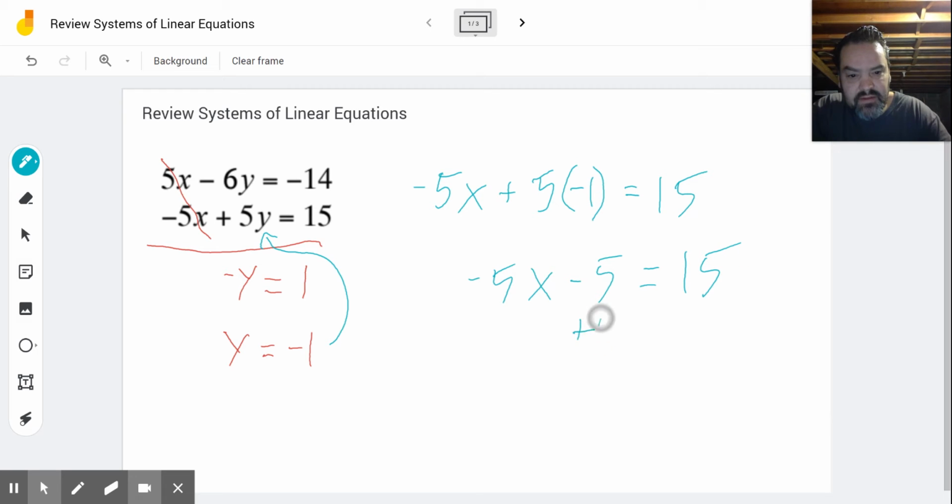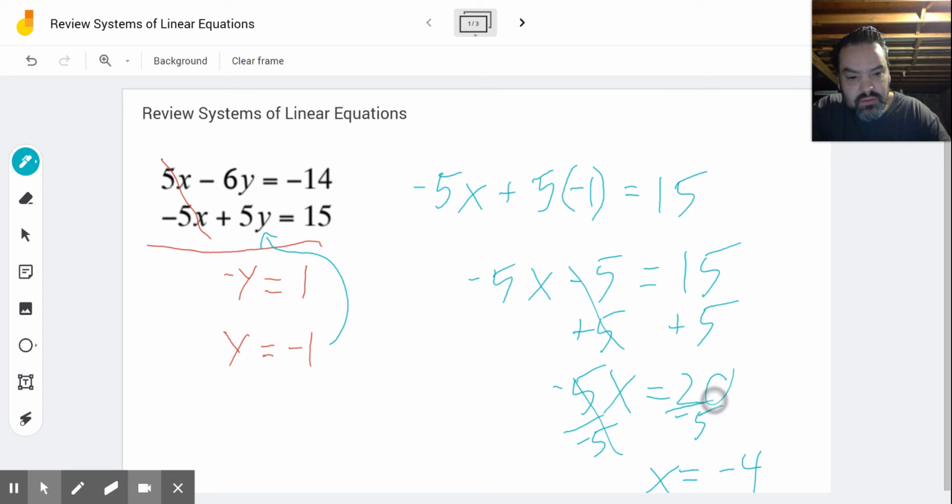And add 5 on both sides. Negative 5x equals 20. And if I divide both sides by negative 5, x itself will be negative 4. 20 over negative 5 is negative 4. Negative 5 goes into 20, negative 4 times.